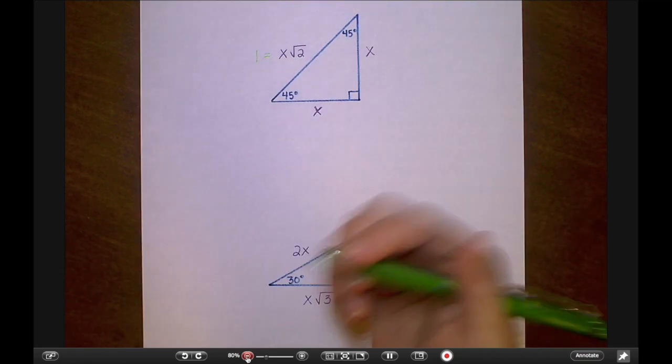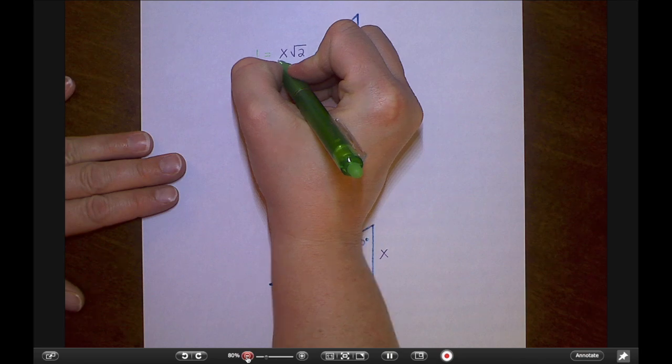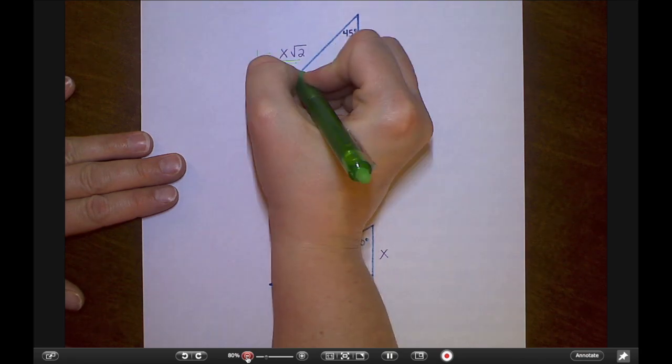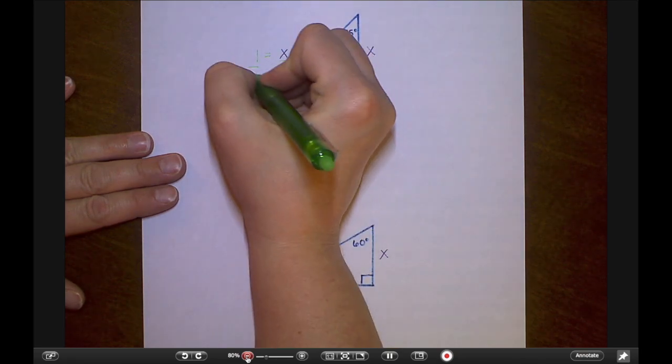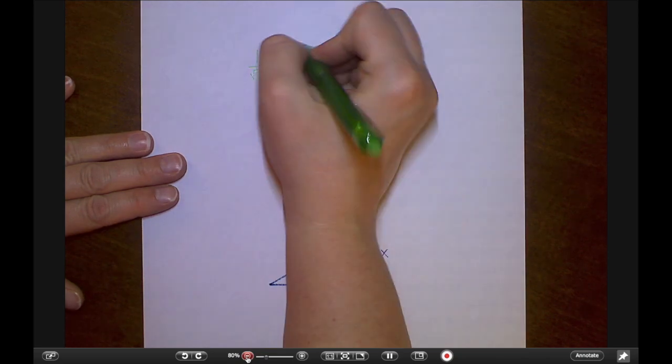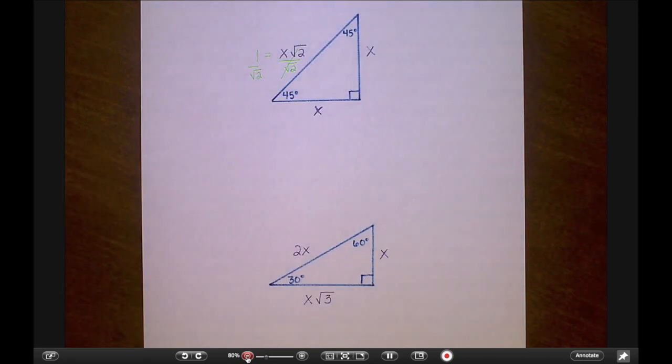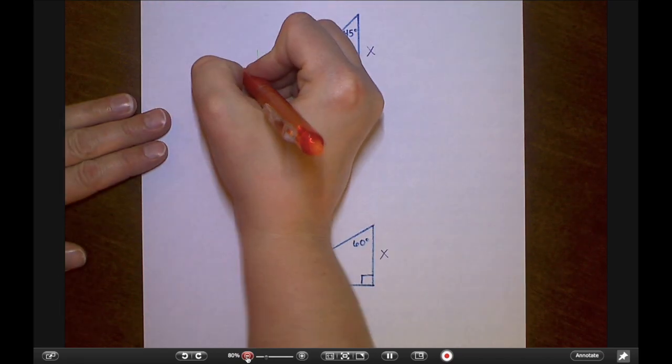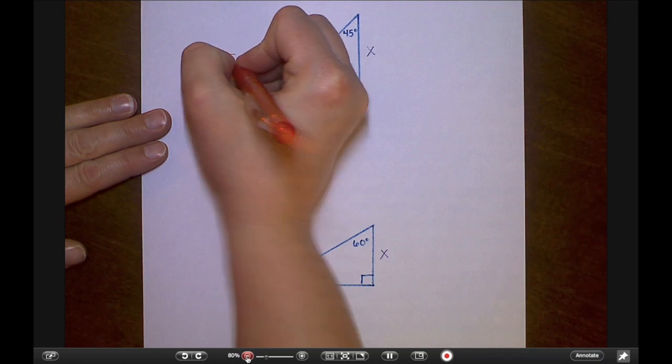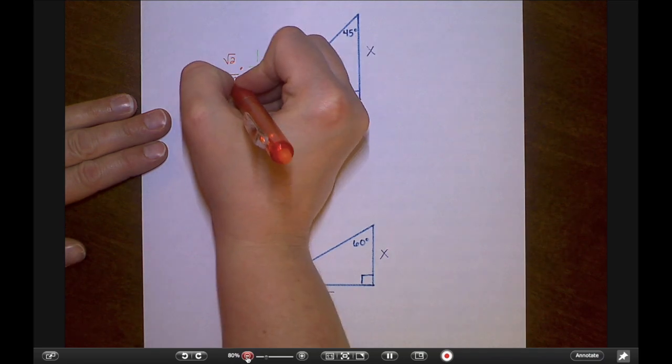So if I'm solving this with exact values, which we always want to focus on exact values here, I would divide by the square root of 2. Okay. But then I need to rationalize that denominator. I can't leave that square root on the bottom. So I would come along and I would multiply by a square root of 2 and a square root of 2.